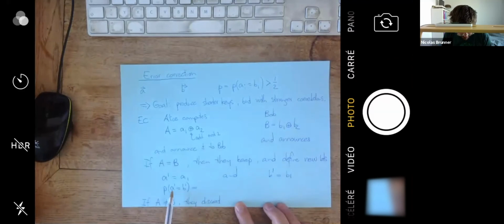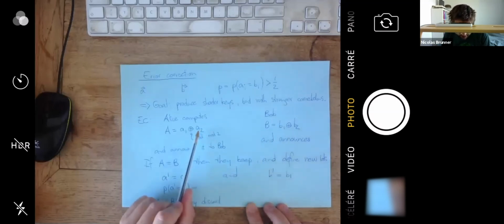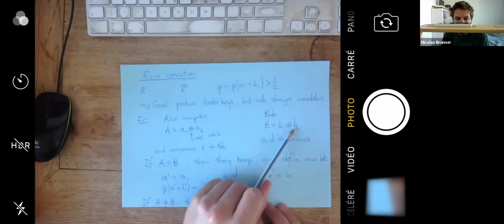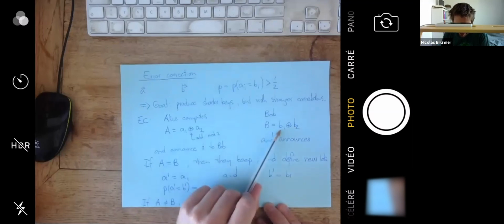So when is capital A equal to capital B? Of course, capital A is equal to capital B when A1 is equal to B1 and A2 is equal to B2. In that case, in fact, A1 is equal to B1.